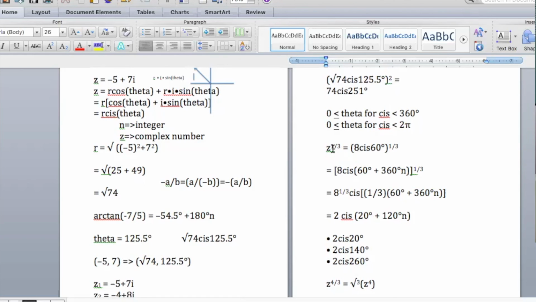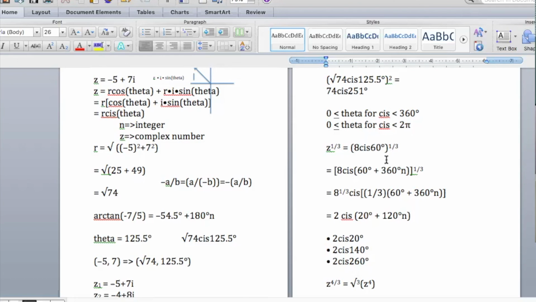When it came to a power that was not an integer, a rational power, then we had to use the denominator, which is essentially taking the root of a number, and use the same principle: I'm going to raise r, the modulus, by the power, and I'm going to multiply the argument by the power.